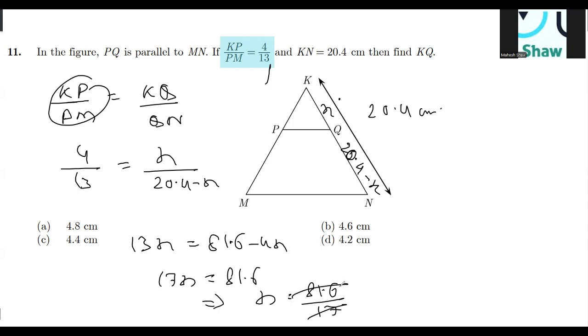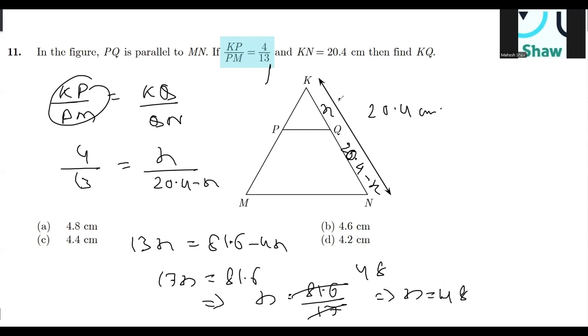Let's figure it out here. 17 times 4 is 68, and we get a remainder of 13, that is 136. So 136. Yes, it's divisible, 48 times. So we say that x is equal to 4.8.